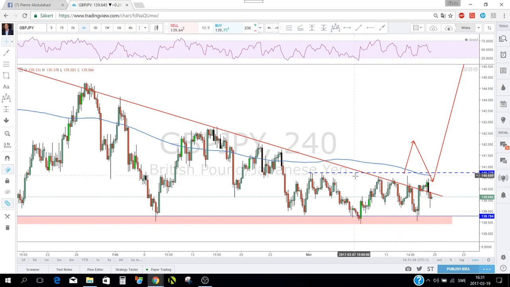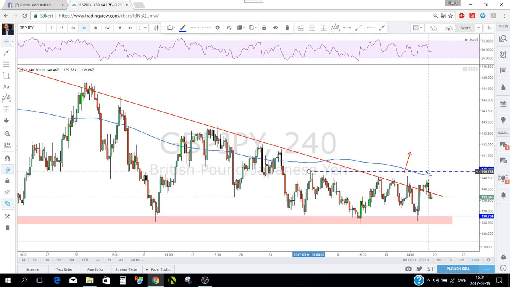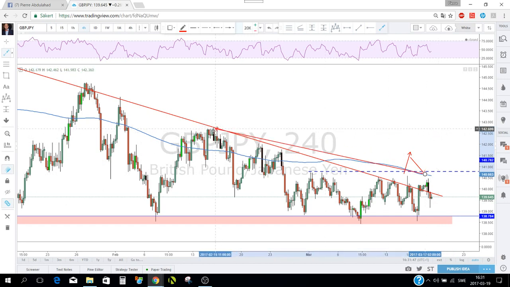So what we want to see, if you want to go long on this one, is something similar to this, yeah, a break of the trend line and this structure here, and a possible retest, and a continuation to at least retest these highs, or maybe even more.